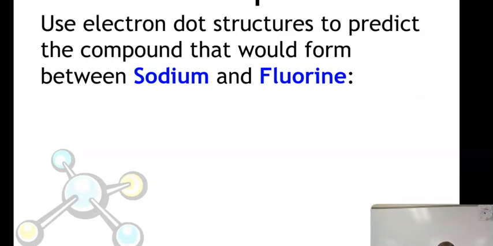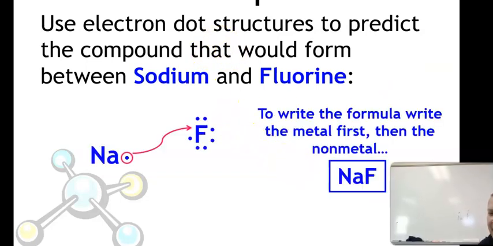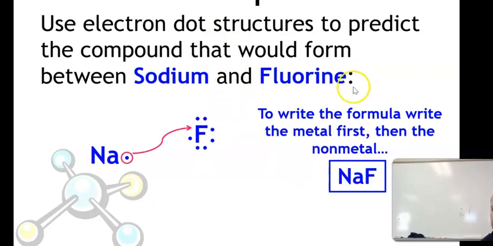Fluorine has a -1 charge. So how many of each will you need? You'll only need 1 of each. So your formula would be NaF. The Na will transfer its electron to fluorine, and you only need 1 of those.